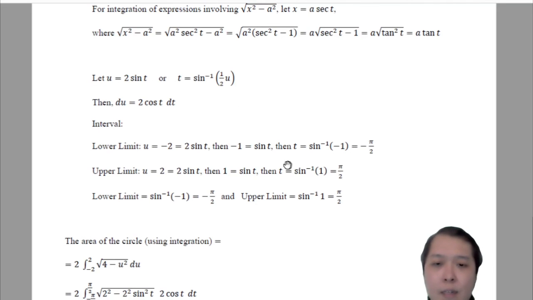Now, however, we have to inverse this first because we will change everything from u term to t term. Why do I need this? So that we know that, let's say u is minus 2, what is the t value of that minus 2?